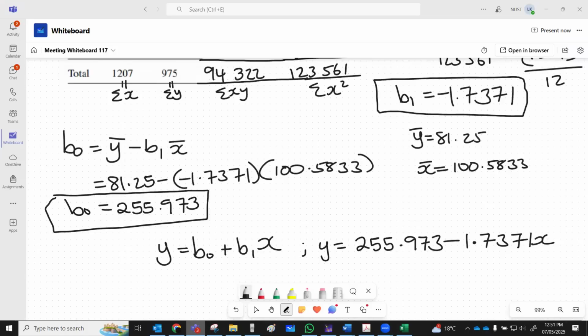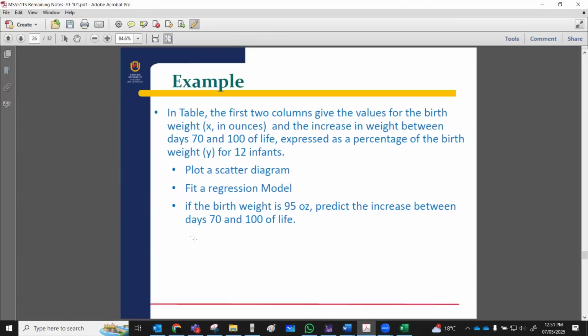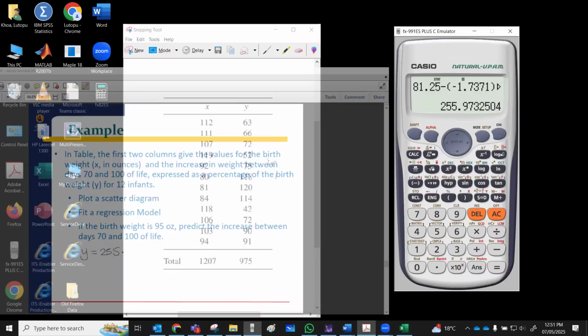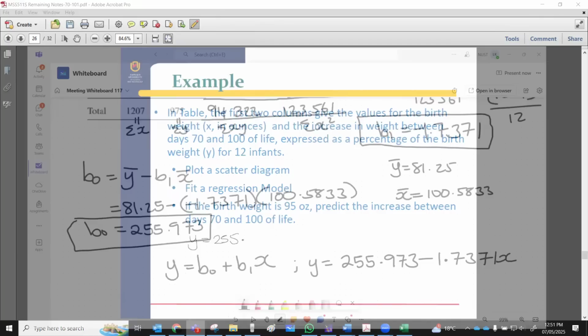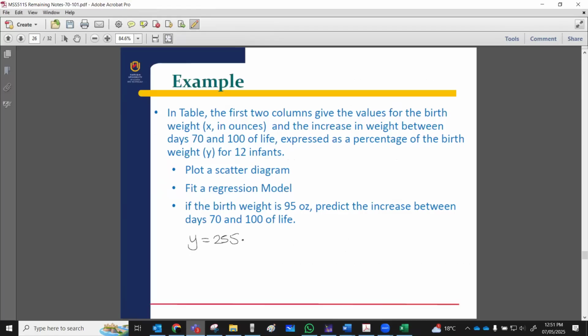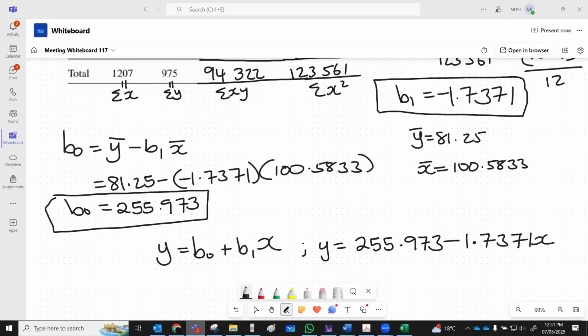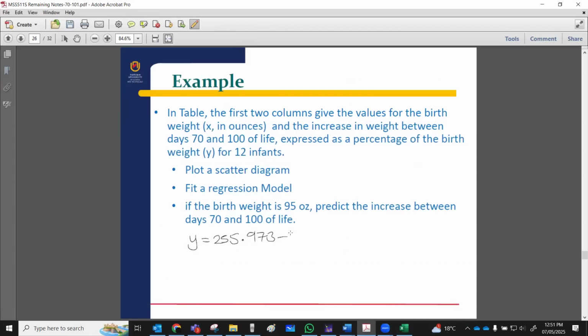We have Y is equal to 255.973 minus 1.7371 times X. And remember here, X is the birth weight.